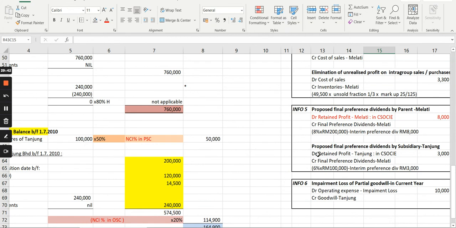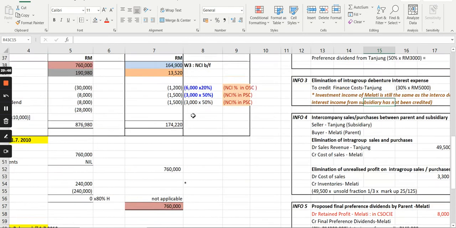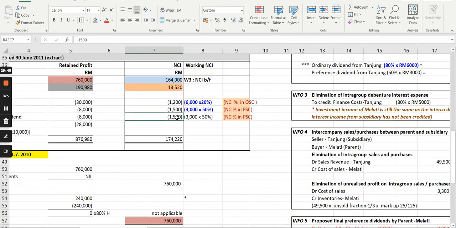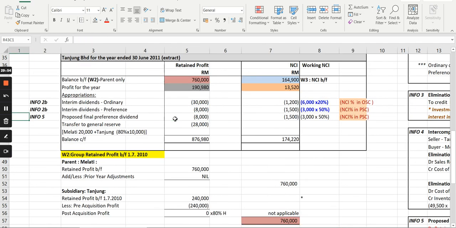You will report the dividend to the non-controlling interest. You won't report dividend payable to the parent. So the one payable to the non-controlling interest is 50%. So 1,005. The last one is transfer to general reserve.